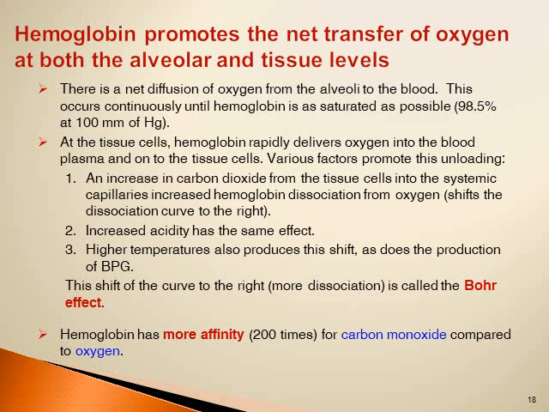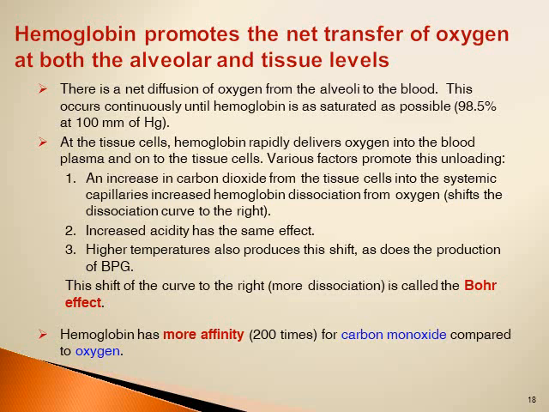Why does this happen? Because carbon monoxide doesn't bind to the amino acids of the polypeptide chains of the hemoglobin molecule. It competes with oxygen for the iron in the heme ring. And the problem with carbon monoxide is that it has 200 times more affinity for that iron on the heme ring compared to oxygen.